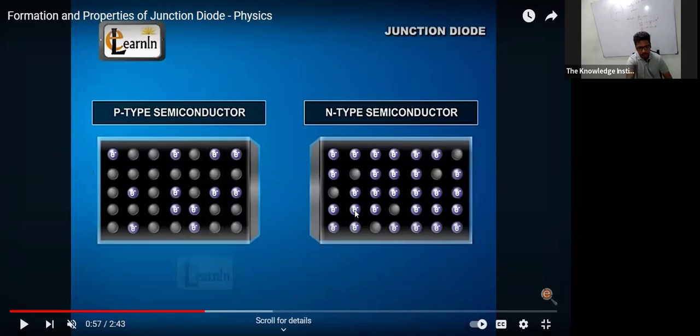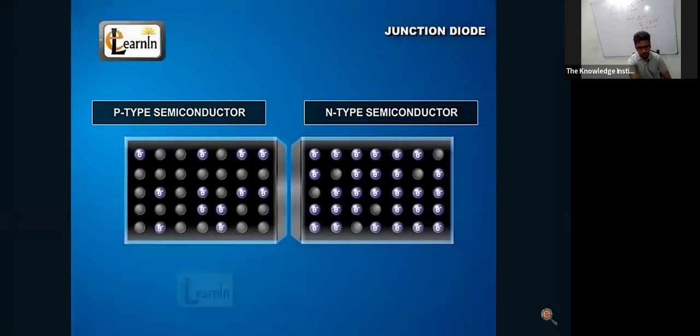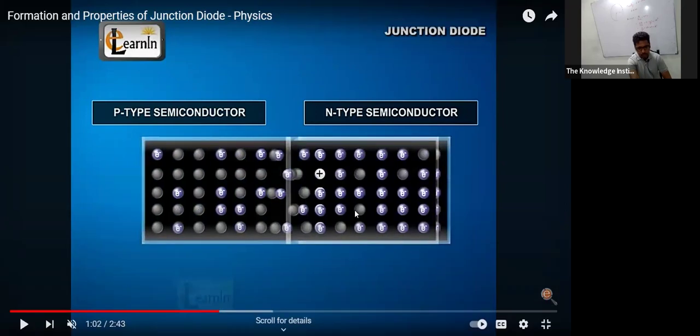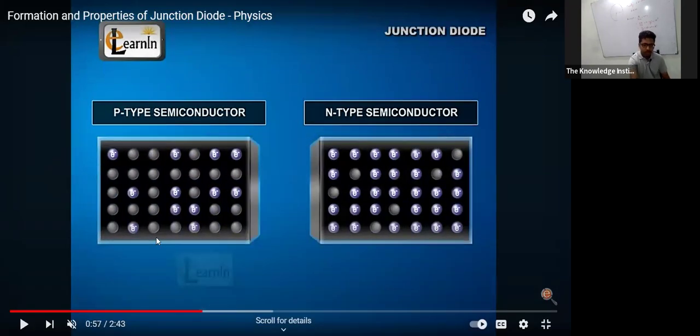Okay, so here we are going to contact these two semiconductor pieces. Once we contact them, you can see here the concentration of holes is greater, and here the concentration of electrons is greater.